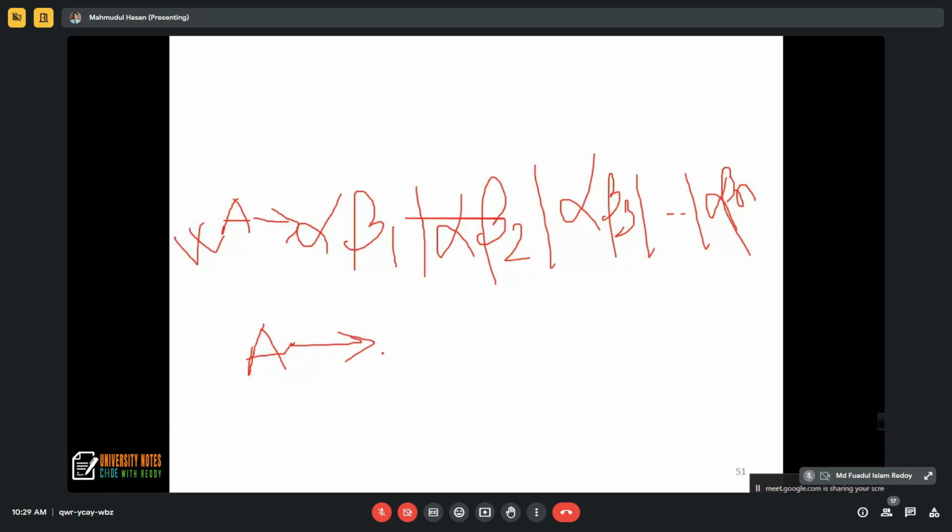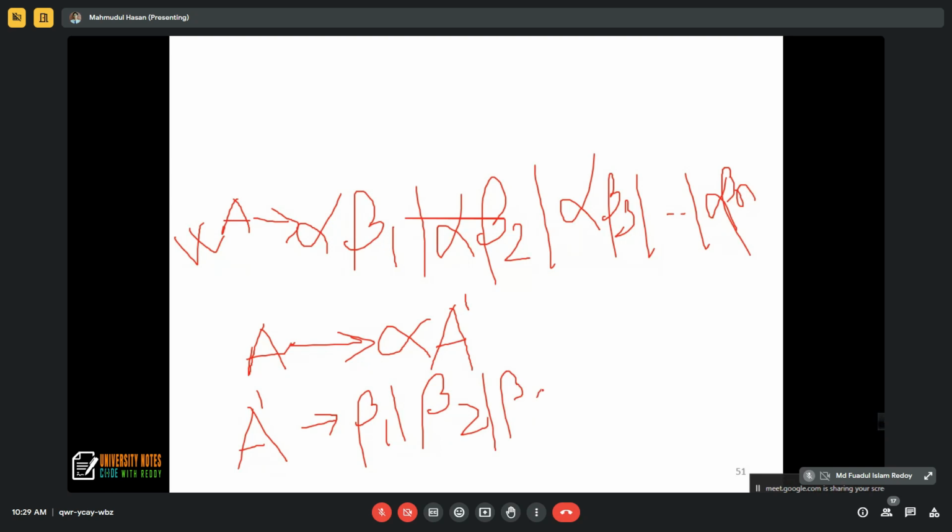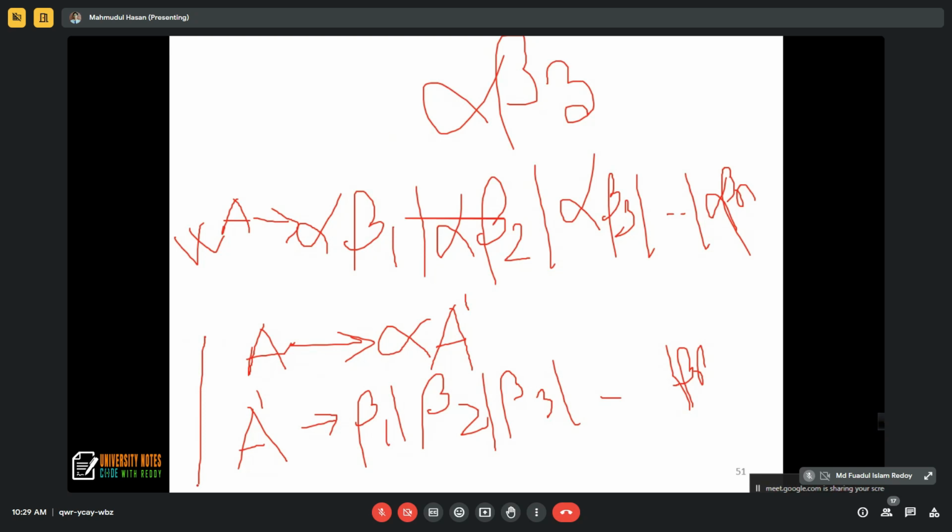So you write A → alpha A', and A' → beta 1, beta 2, beta 3, up to beta n. Our input was alpha beta 3. Now try to generate this input with those production rules.